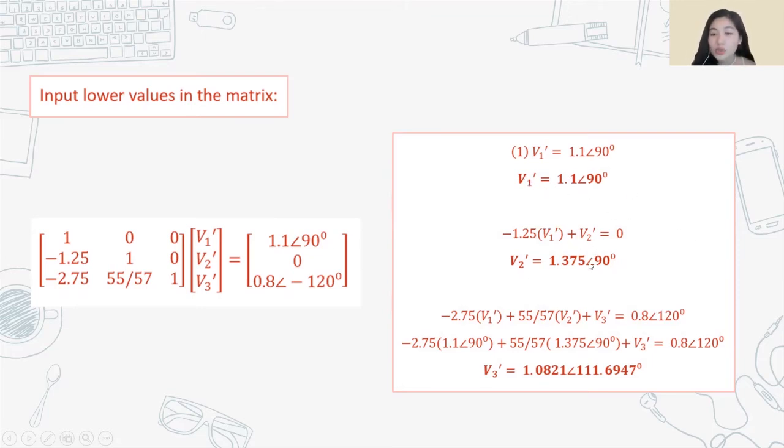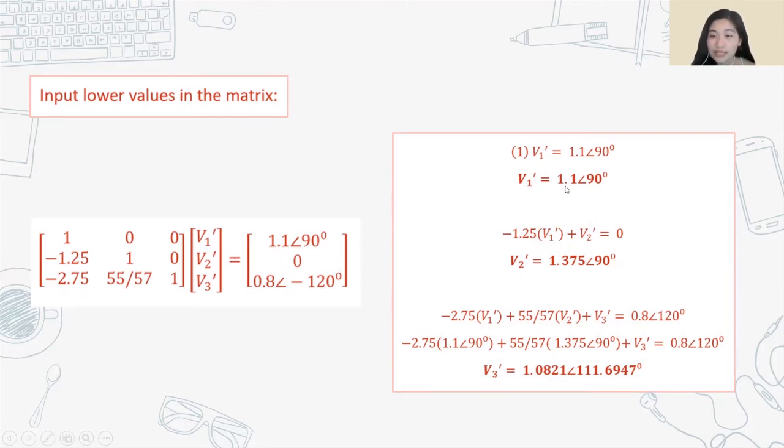Next, we are going to solve for our V2 prime. We always have to remember that kunwari nakapag-solve na tayo ng isang value, we are just going to substitute it kapag nag-appear sa second equation natin, wherein now we are going to solve for V2 prime. So again, negative 1.25 multiplied by our V1 prime plus our V2 prime is equivalent to 0, of course.